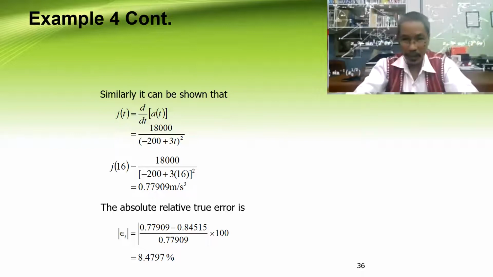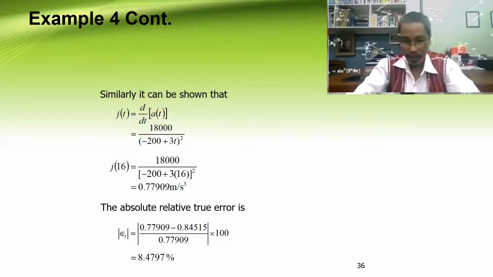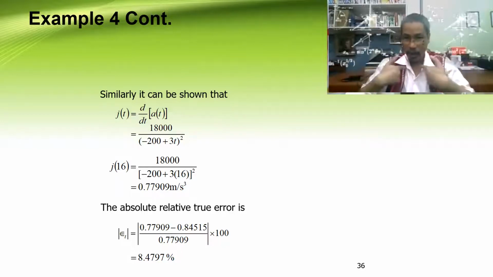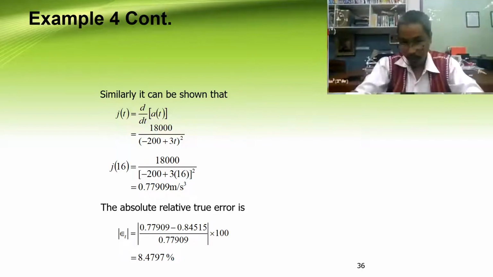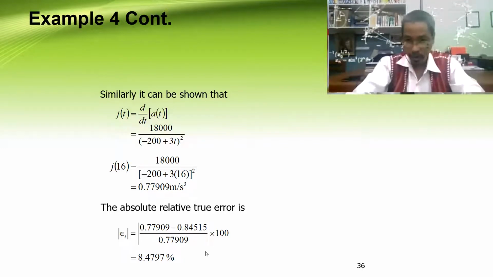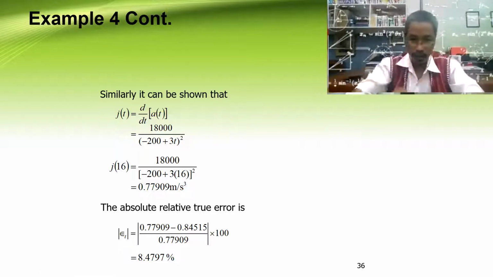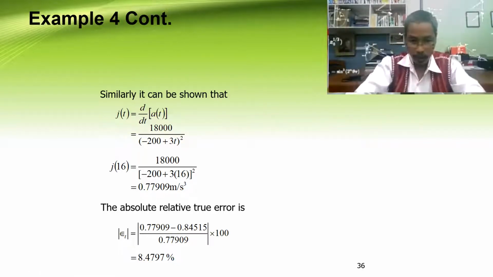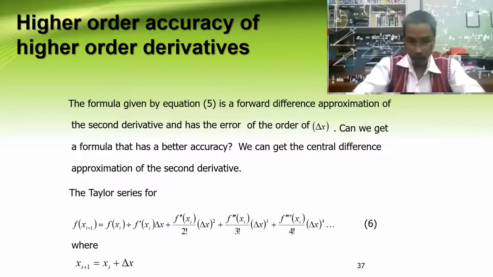Mathematicians, statisticians, they are using 5%. Those are acceptable levels. But me personally, I'm using 3%. So this is 8%. This is more error, so I cannot accept this as personal opinion. But anyway, that is the example.